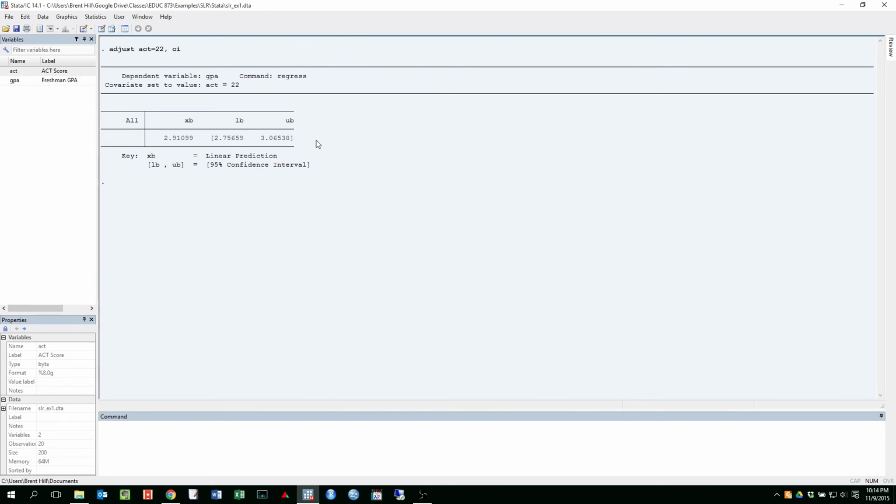Okay, so now that just leaves the prediction interval. Let's bring up our old command, and the only thing we need to do here, if we want the prediction interval, we leave the CI on there. We would add one last little thing, STDF, which stands for the standard error of forecast.